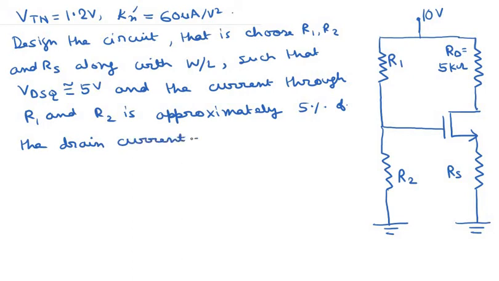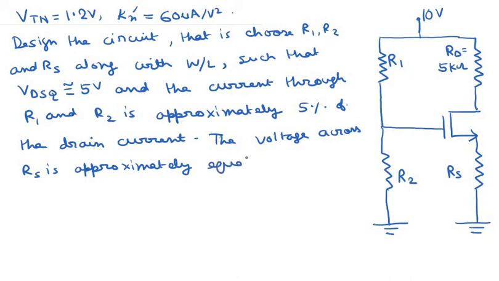It is given that the voltage across RS is approximately equal to the gate to source voltage of the MOSFET. So these are the conditions given to you, and basically you have to design this circuit.